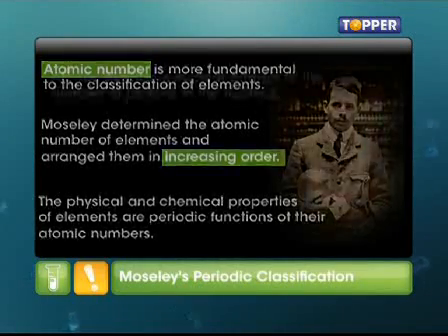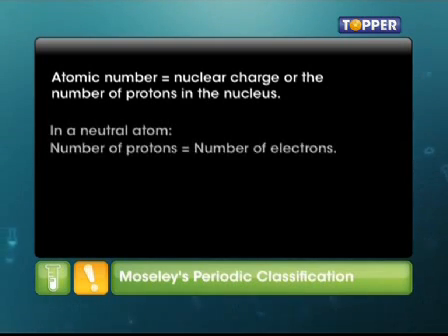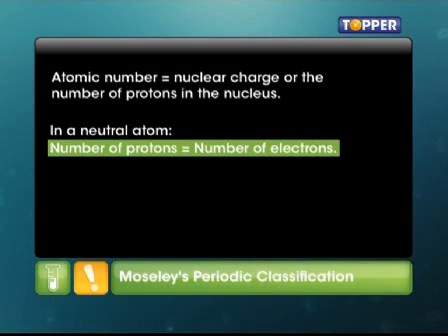Now, you should recall that atomic number is equal to nuclear charge or the number of protons in the nucleus. In a neutral atom, the number of protons is equal to the number of electrons.